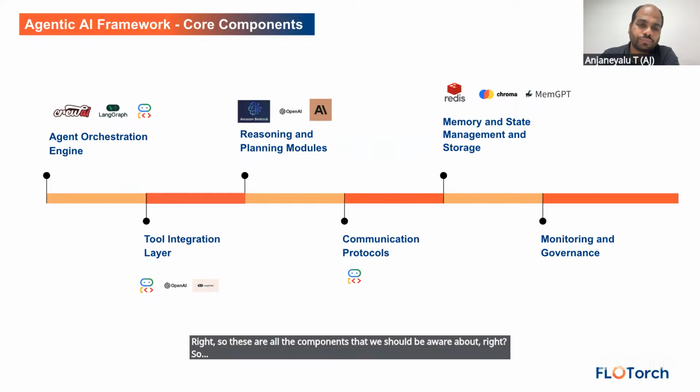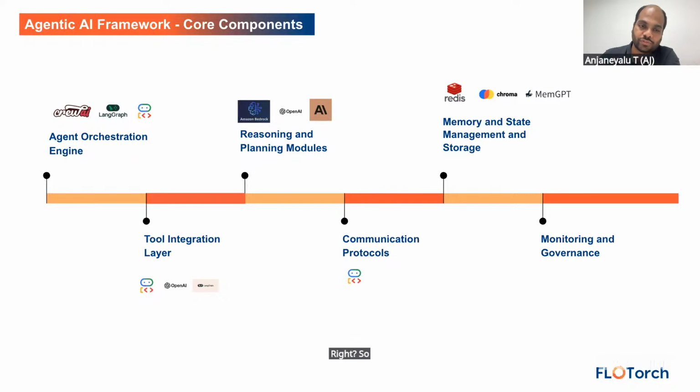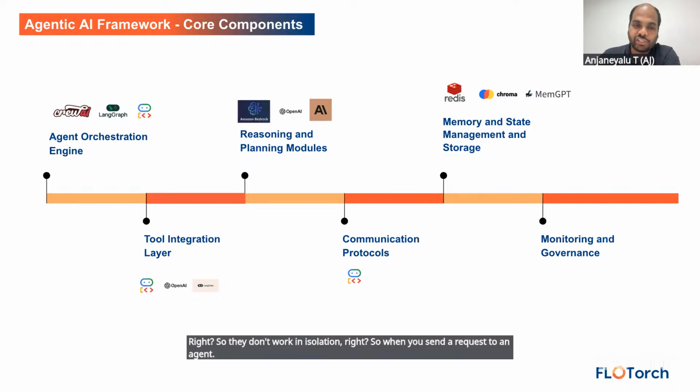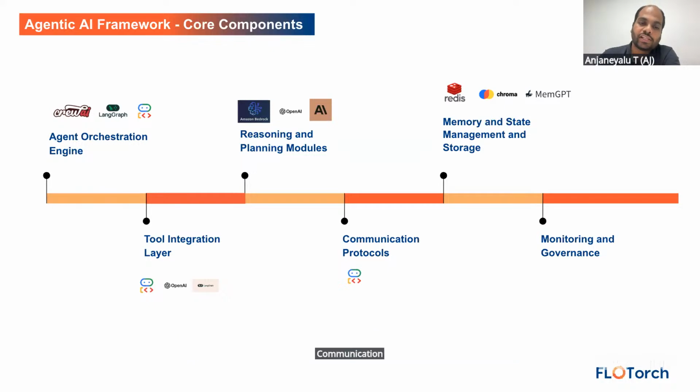Now here's the key insight. Notice how these components are connected in a flow. They don't work in isolation. When you send a request to an agent, the orchestration engine receives it, then reasoning plans the approach, memory provides the context, tools execute the actions, communication coordinates the process, and monitoring tracks everything.